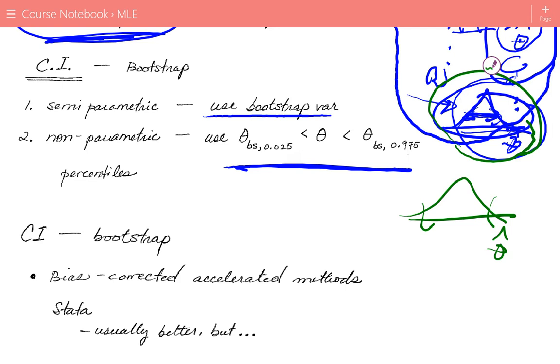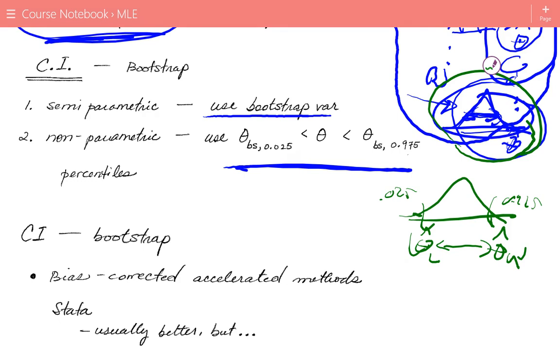Say you want a 95% confidence interval: you've got the theta hat lower associated with the 0.025 percentile, and then use the upper for the 0.975, and this becomes a purely non-parametric confidence interval based on the distribution of the bootstrapped estimator.